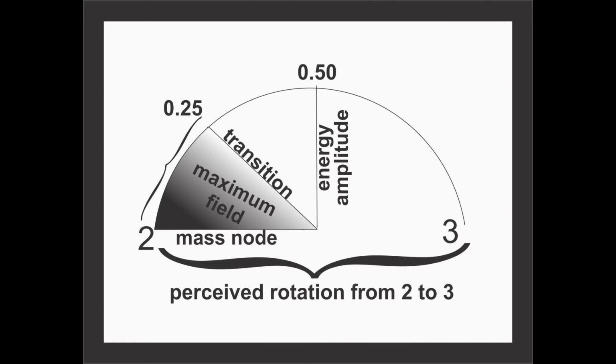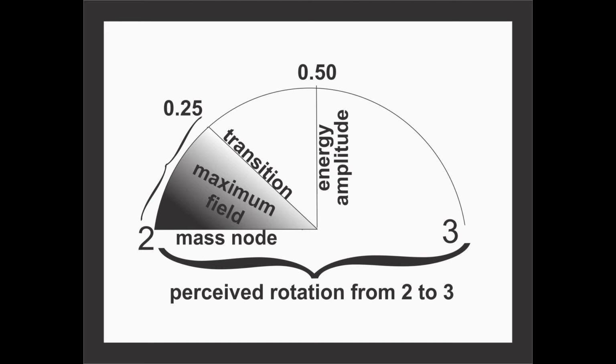If 12 vectors define a complete circle rotation, then one vector defines 1/12 of a circle rotation. The rotation between 2 and 3 is then defined as a single vector rotation. If a single vector rotation is divided by 100%, then the midpoint or amplitude of the wave is defined by 50%, and the quarter points or transition points of the wave are defined by a 25% deviation.